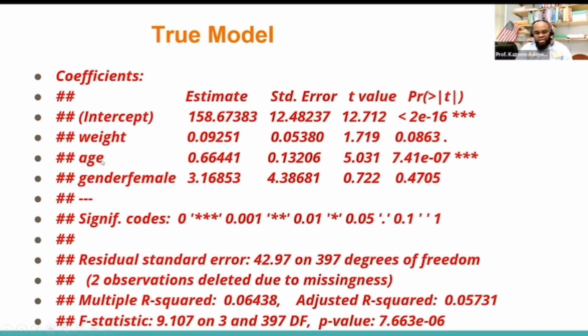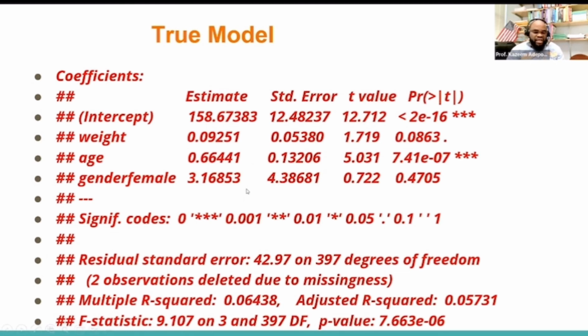If you really want to measure how age contributes to cholesterol, you put into consideration other covariates like weight and gender, you put all those variables at constant because they also influence the total cholesterol level. This is using multiple linear regression.